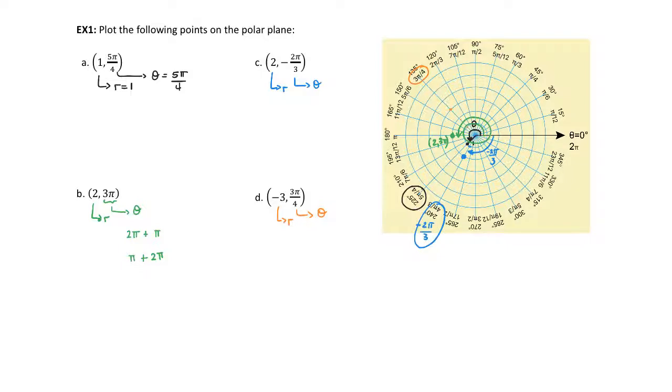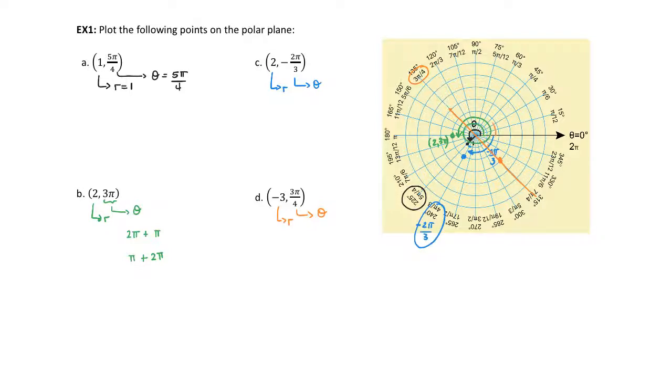But because r is negative, I measure in the opposite direction along this radial line. So let me even mark the line right here. It's going to be like this. So from the pole, I am going to measure 1, 2, and 3 right here. So this is where the point is going to be.